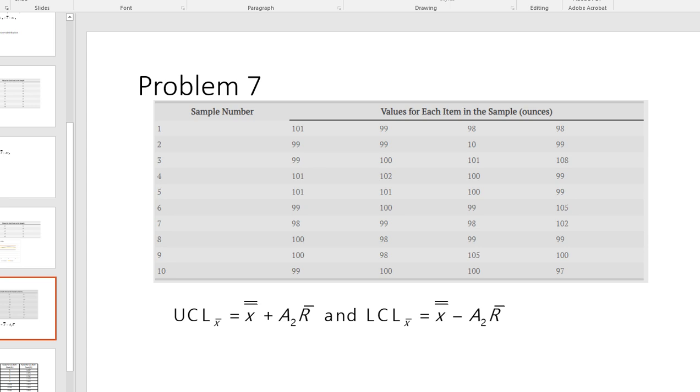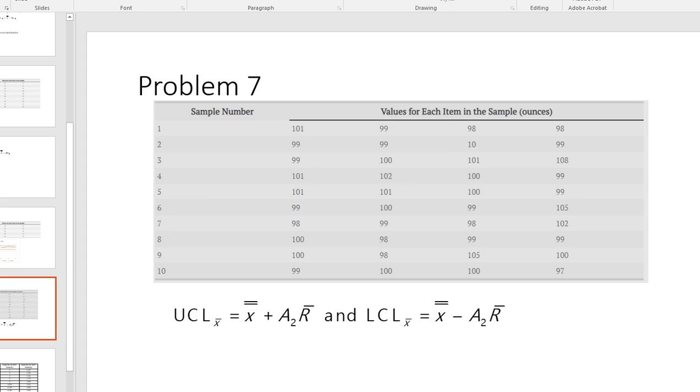So the upper control limit equals x double bar plus A2 times the average of the range, which is 97.725 plus A2, which is 0.729, as we obtain from this table, times the average range. The average range is 12.8.